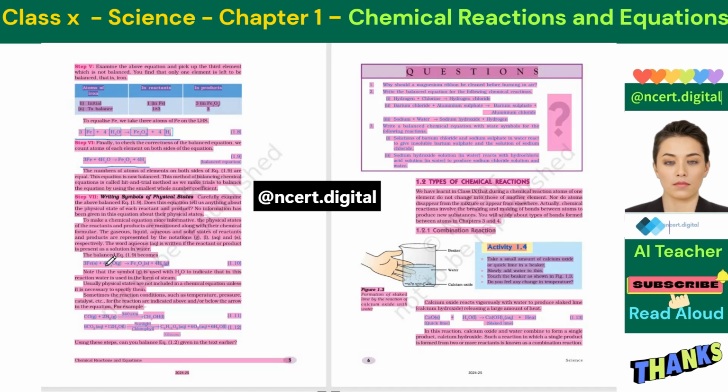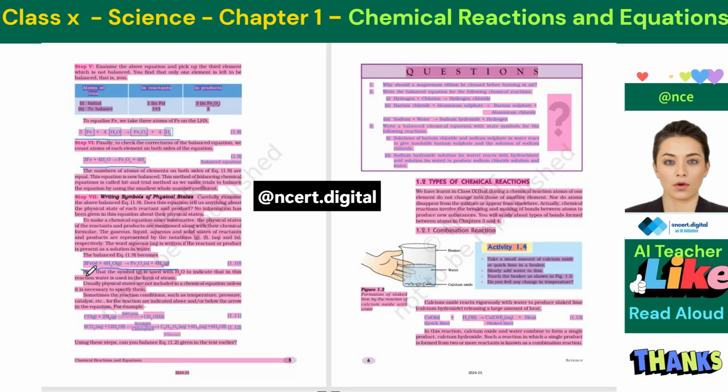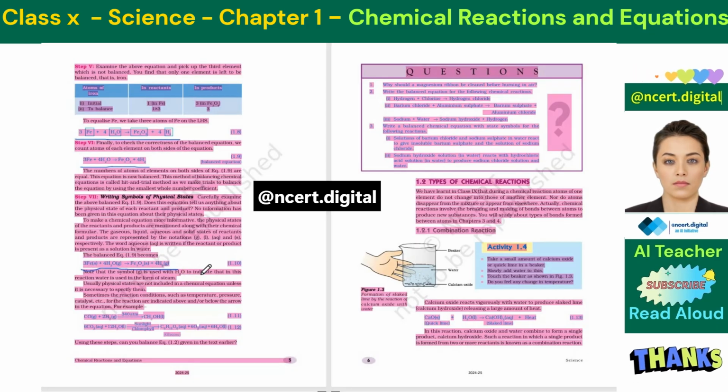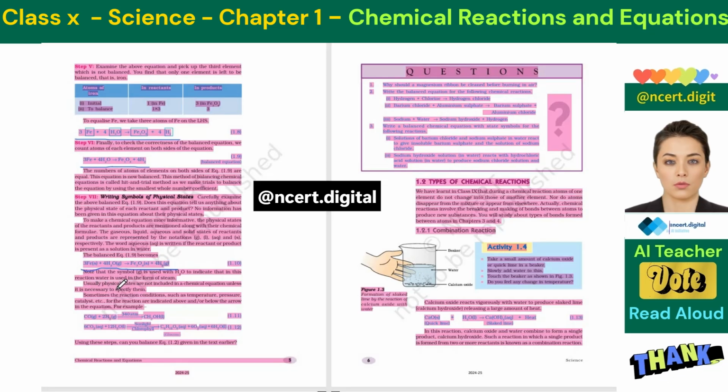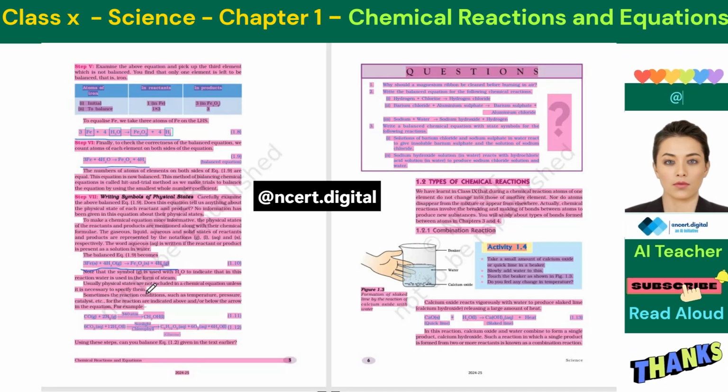The balanced equation 1.9 becomes 3Fe(s) + 4H2O(g) → Fe3O4(s) + 4H2(g) (1.10). Note that the symbol (g) is used with H2O to indicate that in this reaction water is used in the form of steam. Usually physical states are not included in a chemical equation unless it is necessary to specify them.